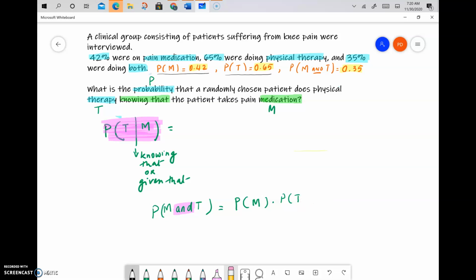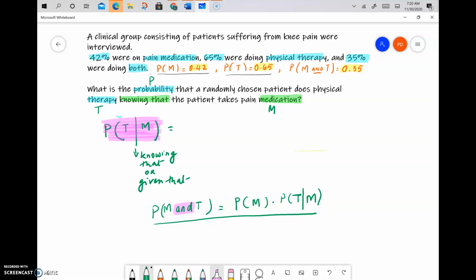But since the events are not independent, we go given that M occurred. So when we know that M occurred, the probability of T changes. So therefore, we do have to consider the fact that M occurred.